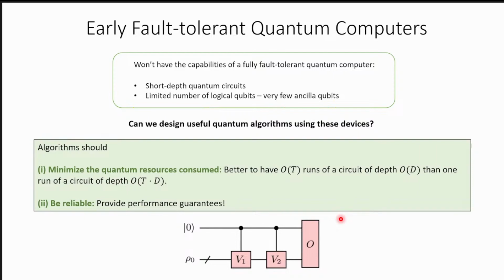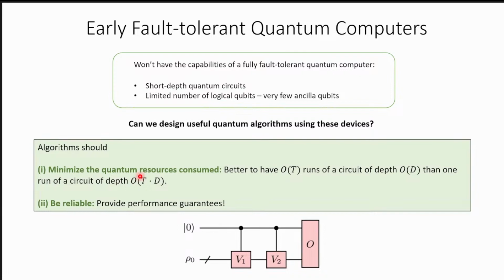So it's better to say, for example, have order of t runs of a circuit of depth d than one run of a circuit of depth td. So that's one example, right? So you run a short depth quantum circuit many times. Many classical repetitions of this short depth circuit are allowed, because classical repetition is not expensive, right? So we expect that you can reuse this short depth circuit several times, as many times as you need. But to run deep quantum circuits is going to be impossible in this regime.